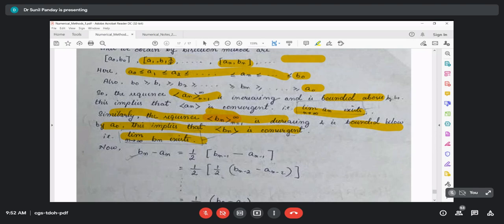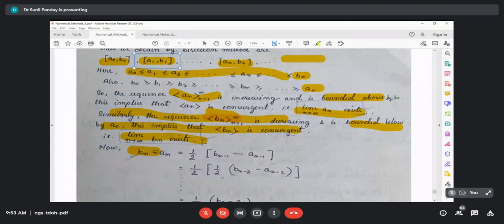Anyone can see that the length of the interval [a1, b1] is b1 minus a1, and it is exactly half of the first interval, because that's the way we obtained it. Either a1 is (a0+b0)/2, or b1 is (a0+b0)/2. So b1 minus a1 is equal to half of b0 minus a0. The length of the first interval is b0 minus a0, the length of this interval is b1 minus a1, and b1 minus a1 is exactly half of b0 minus a0.